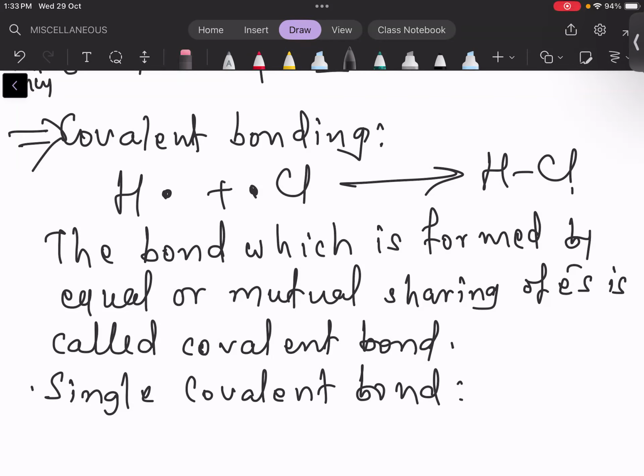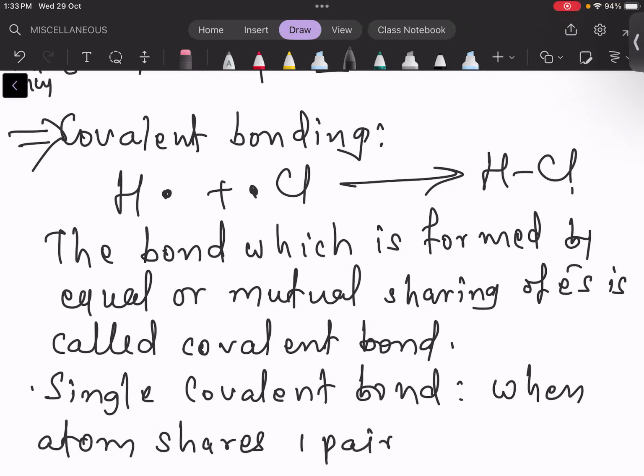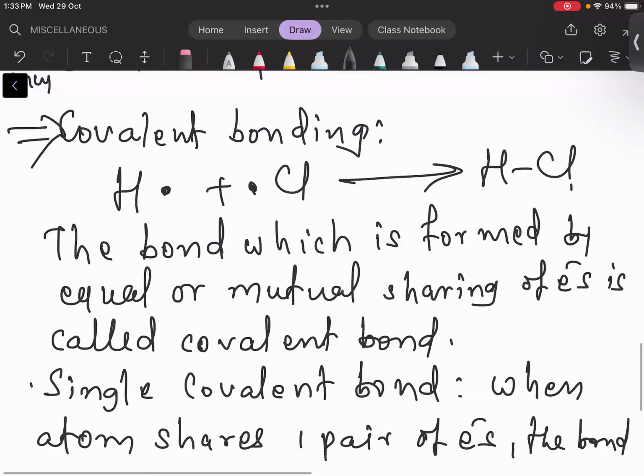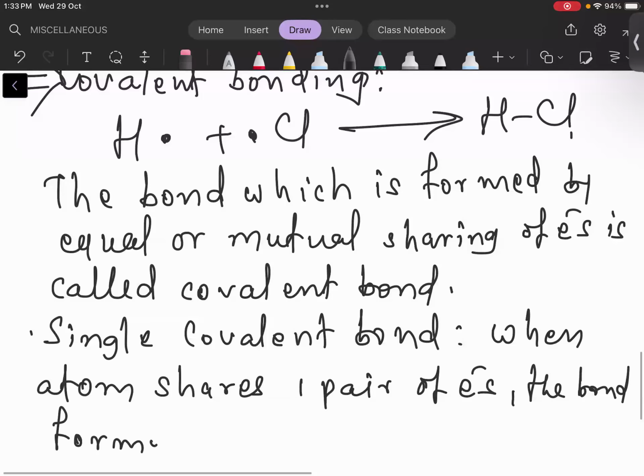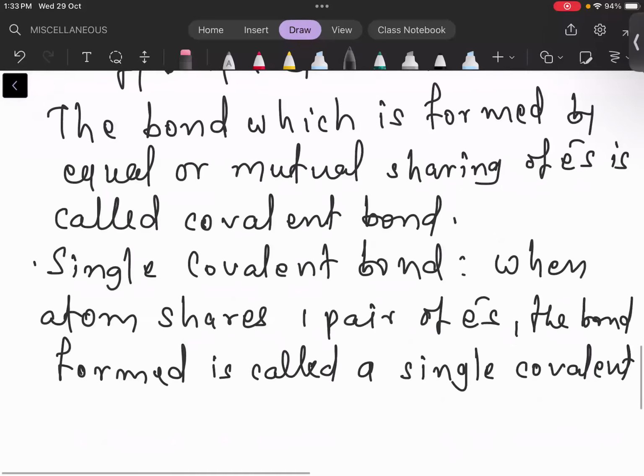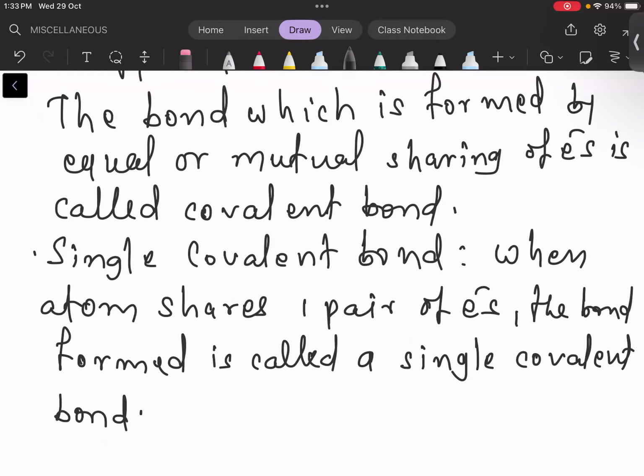When atoms share one pair of electrons, the bond formed is called a single covalent bond.